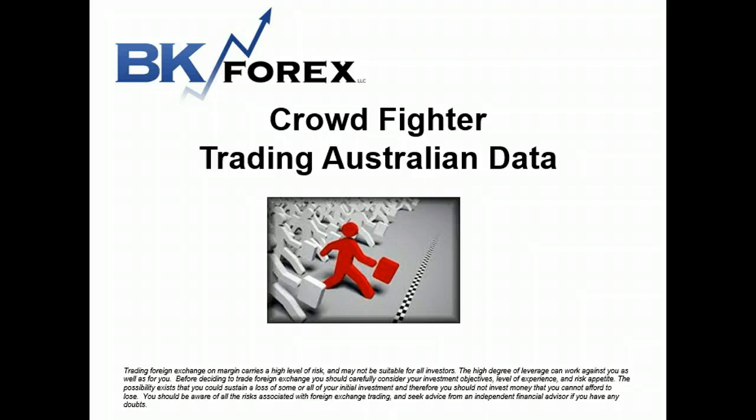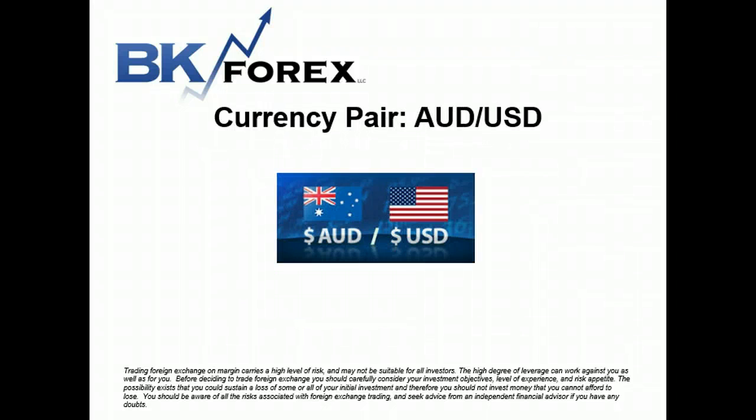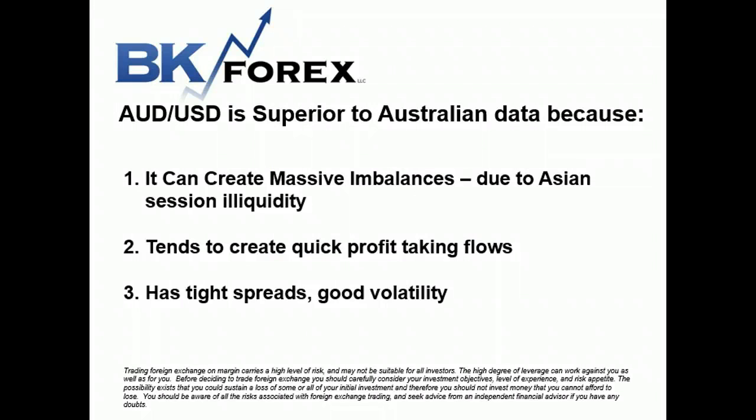That is why, with Australian data, we trade the pure pair, which is the Australian dollar. Now, the Australian dollar is superior to trade for Australian data versus other currency pairs because there can often be massive imbalances due to the illiquidity of the Asian trading session. The Asian trading session is traditionally one of the quietest periods in the FX market.